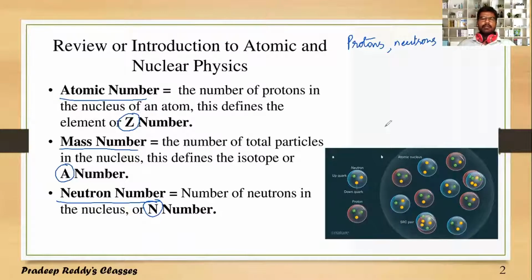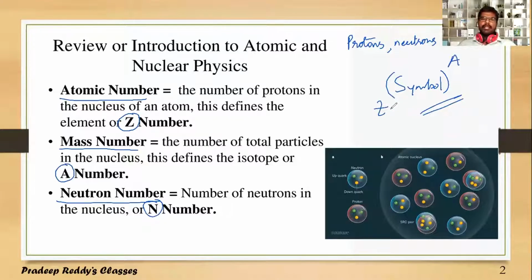And the standard notation of a nucleus is the symbol of the element, with atomic number Z and mass number A. This is the standard symbol by which you can represent a nucleus.